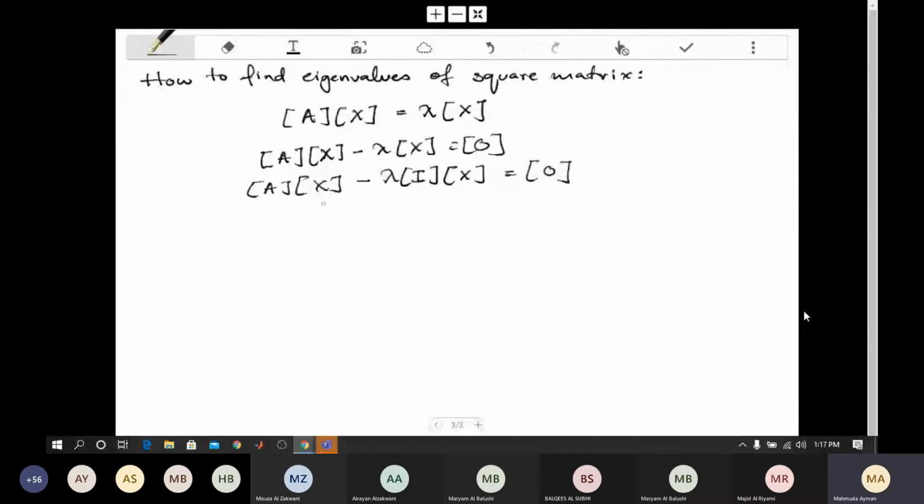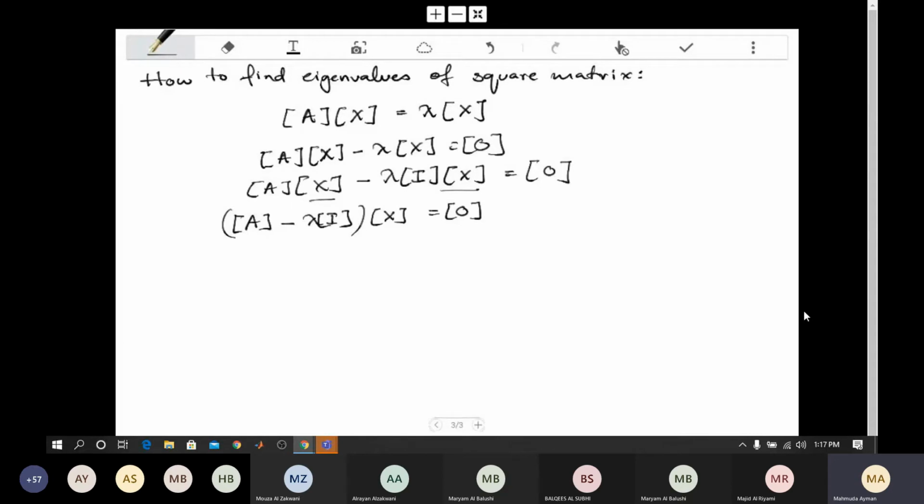And then now if we take the x common out, we'll have here A minus lambda times the identity matrix, times x, which is taken out as common, is equal to the 0 vector.